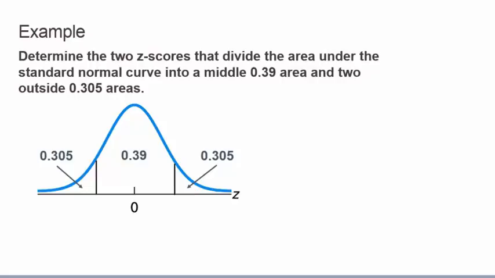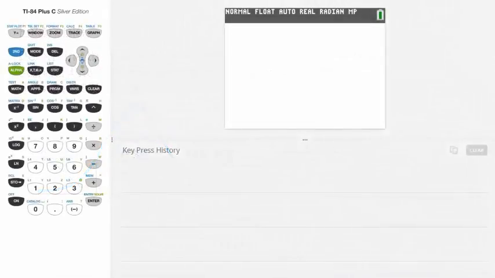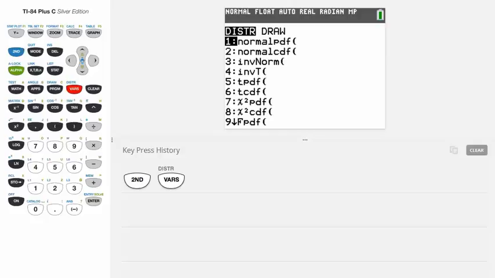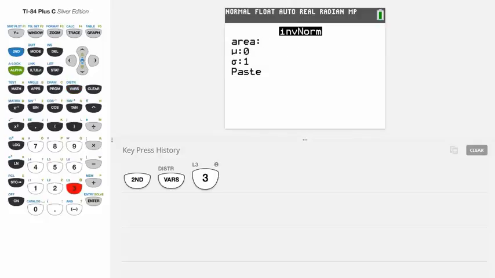Since both the table and the calculator are set up to take areas to the left of my z-score, I'm going to use the area to the left of my line, 0.305, to help me find my z-score. Since it is symmetric, when I find my two z-scores, one will be positive, one will be negative, but they will be the same number. Heading to my calculator, second DISTR, we want number 3 inverse norm.